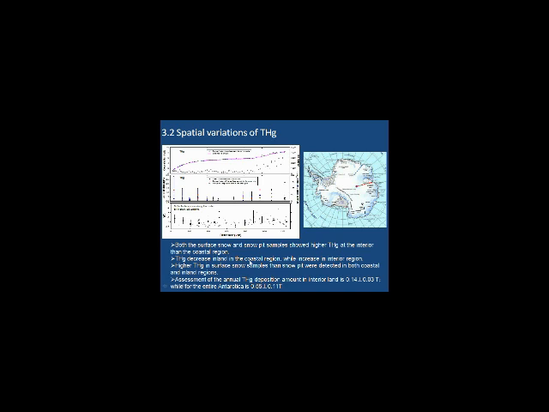We also found that the total mercury in surface snow samples is higher than in the snow pits, which may be caused by post-depositional effects. We also did some assessment of the annual total mercury deposition amount in the plateau region and also for the entire Antarctic ice sheet.